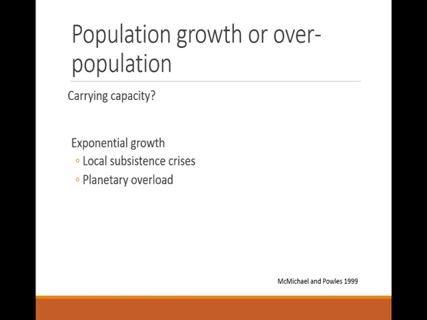And what we're seeing obviously in humans is that there's fewer predators for us compared to hunter-gatherers' time. Food supplies aren't as limited anymore. So we're going through this exponential growth.